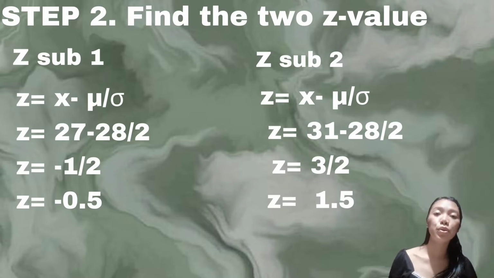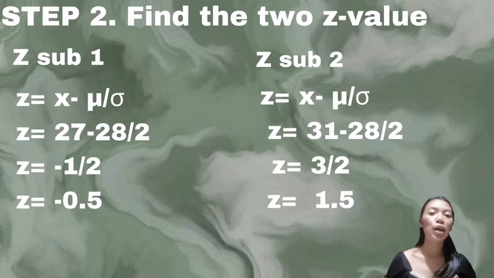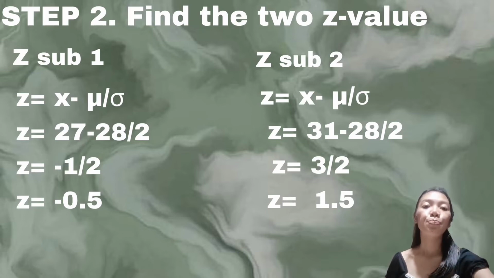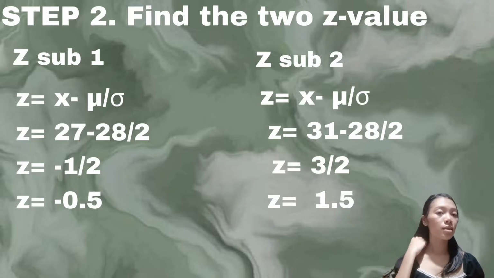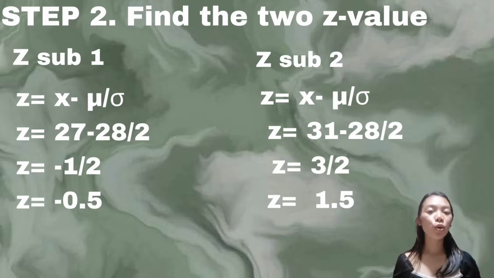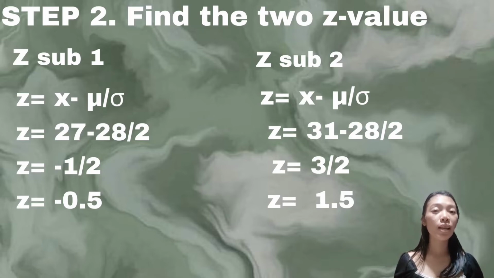Okay, step number 2. Find the two z values. It is the same class, what we will do to get the z value of x sub 1 and x sub 2. We will use the formula z equals x minus mean divided by the standard deviation. We can see on the screen the results for z sub 1 and z sub 2.